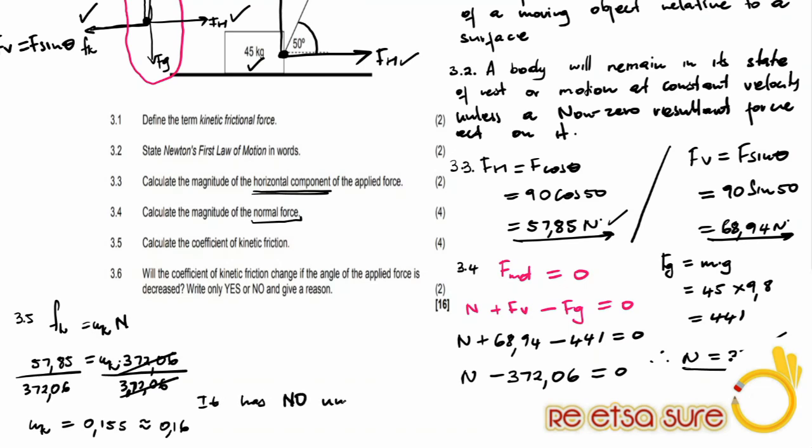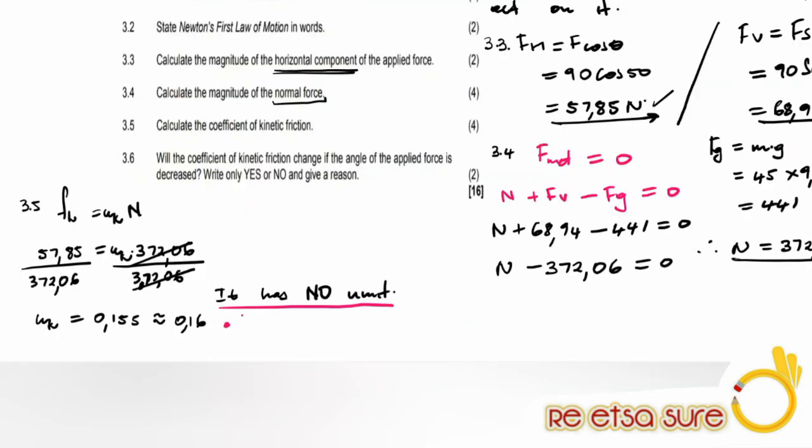My beautiful learners, the coefficient of kinetic friction has no unit. Why? Because it is a ratio of forces which will cancel one another.